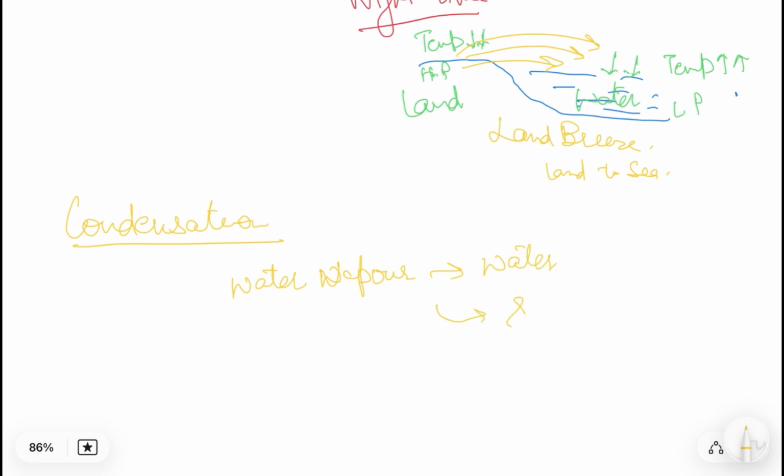How? It releases heat, that is the latent heat of vaporization. So the conversion of water vapor to water is known as condensation.